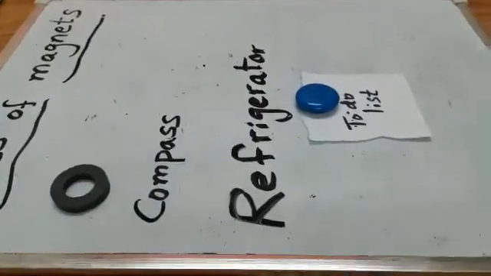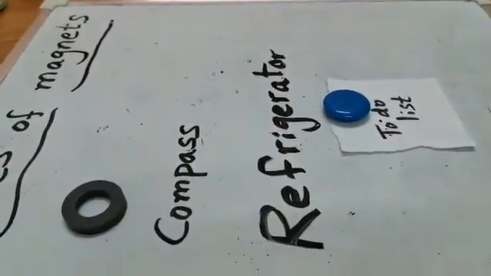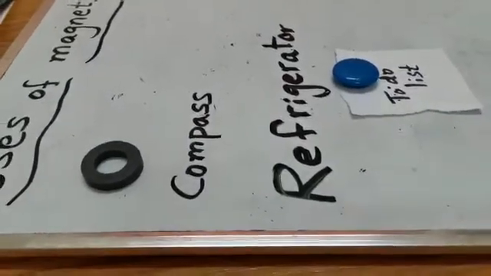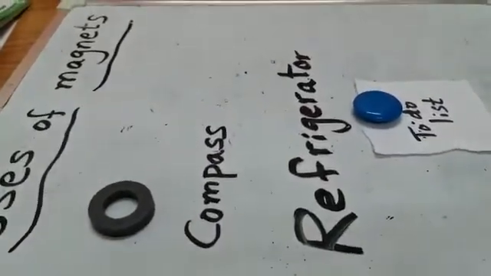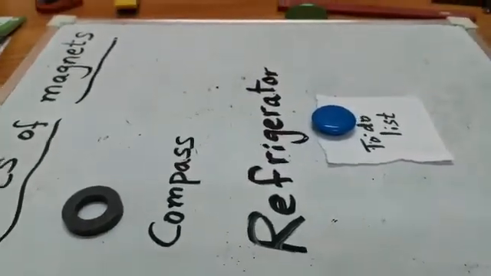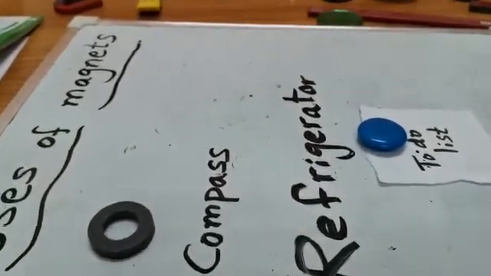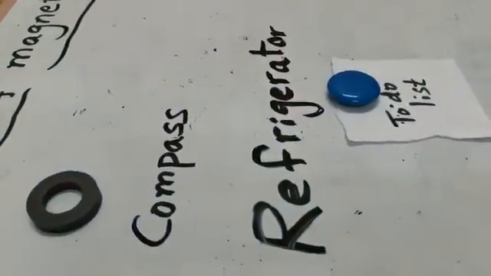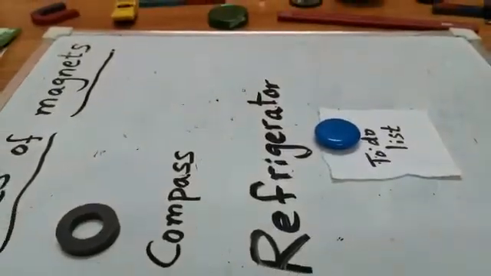There are many uses in big machines, like taking the garbage. They can use the magnets in that one. Then they can separate the iron metal garbage, metal waste, and other waste. Okay, so there are many uses of magnets.